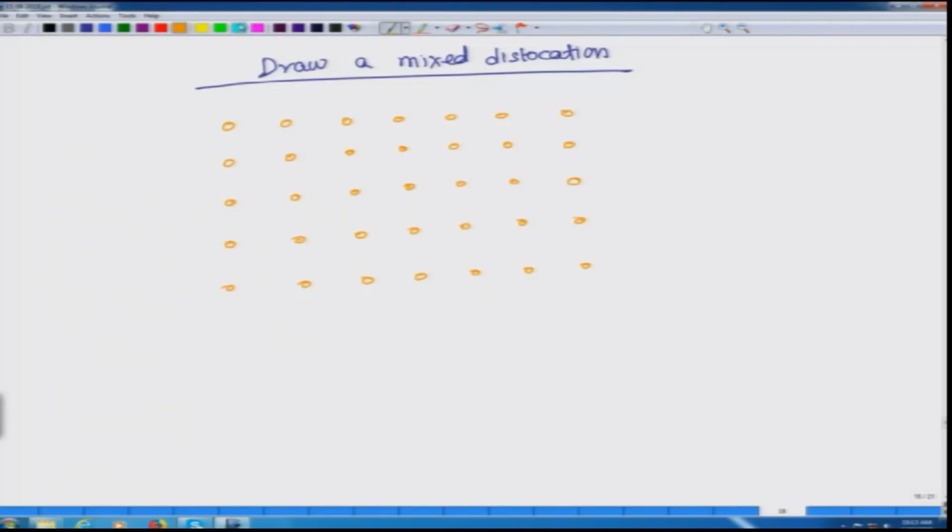Next, I will draw lines to show where the atoms on the layer above would lie. Let us say this first layer of atoms lies perfectly, it matches perfectly. Now, the second layer of atoms has, so there is already some displacement over here.